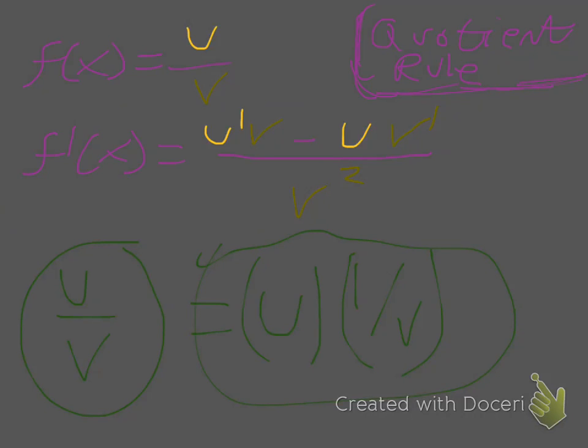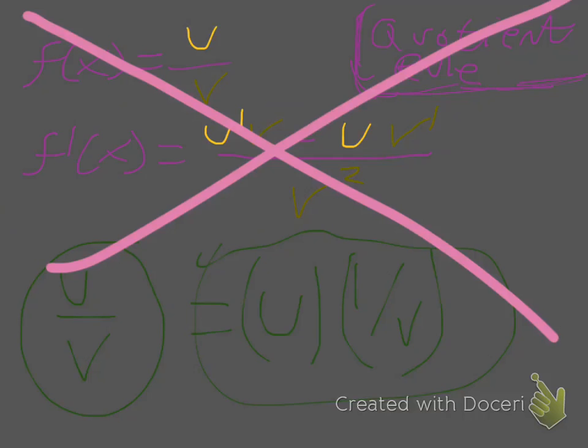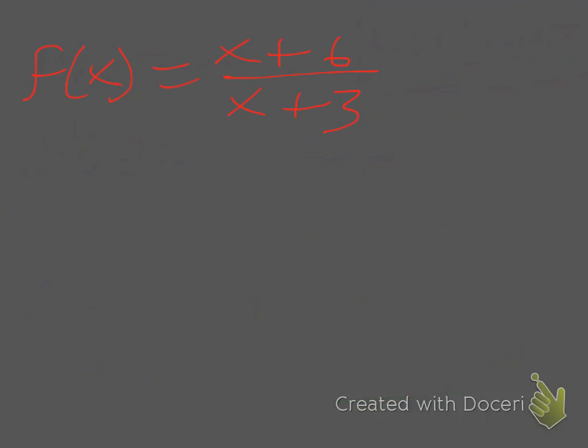It's just a waste of time having to learn another formula, and it's a waste of space in your brain. So we're not going to learn a quotient rule because I think it's stupid. Instead, we're going to do practice problems with the product rule for quotients.